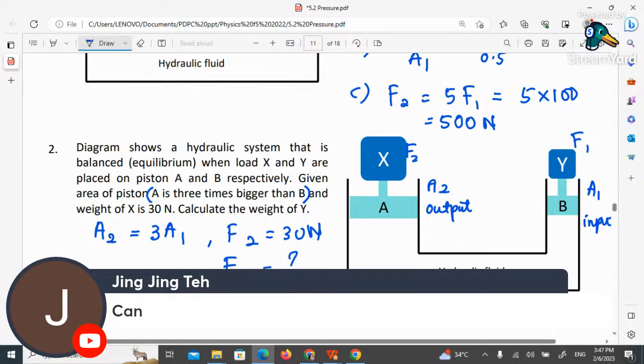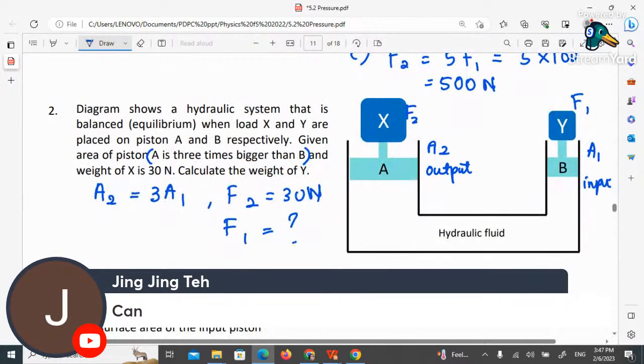Okay, so we apply the formula we learned. F2 equals the multiplying factor, A2 over A1, times F1. So what is A2? 3 times A1. So we can cancel A1.